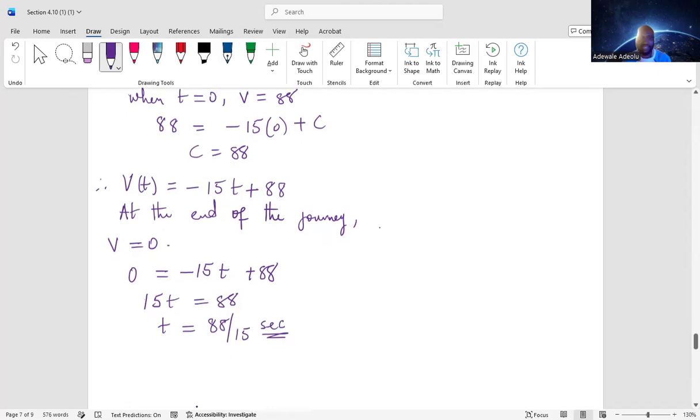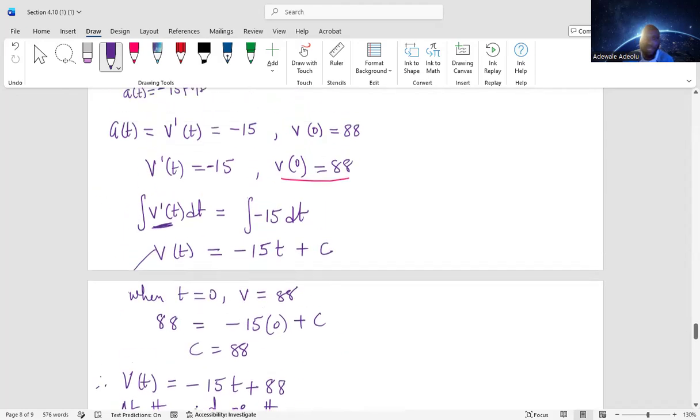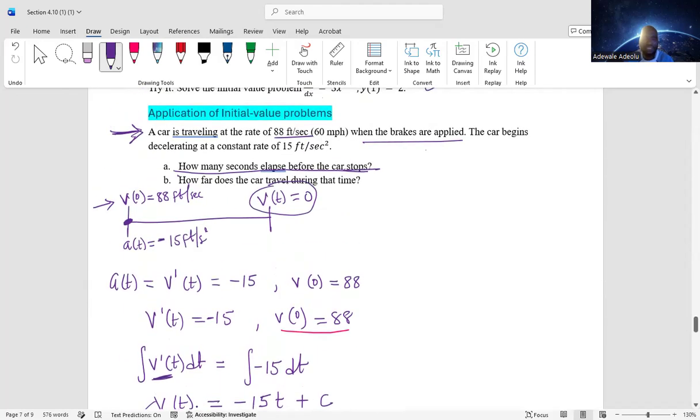That is that. And now the second question is, how far does the car travel during that time? The question of how far has to do with distance. We want to find the distance covered from the point when the brake is applied to the end.